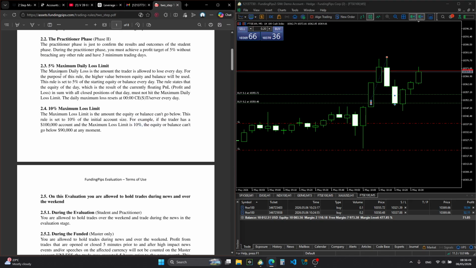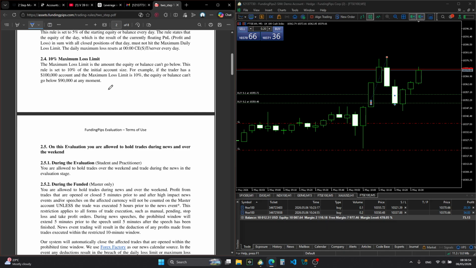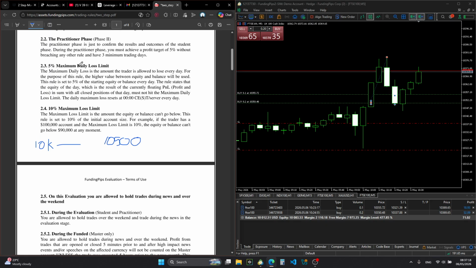See how this is a bit worse than FTMO. What I understand from this is, let's say you started from 10k, and you reached somehow 10,500. Now your maximum loss limit, even if 5%, what is 5% of 10,500?